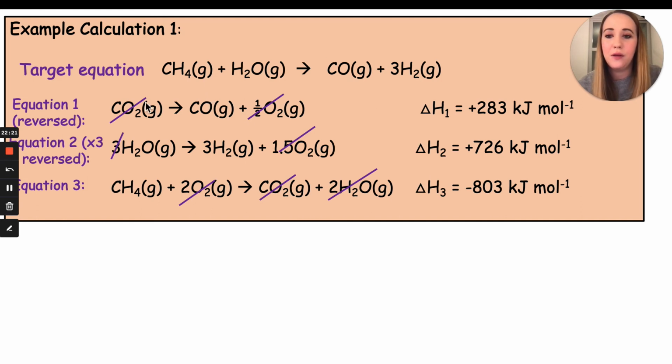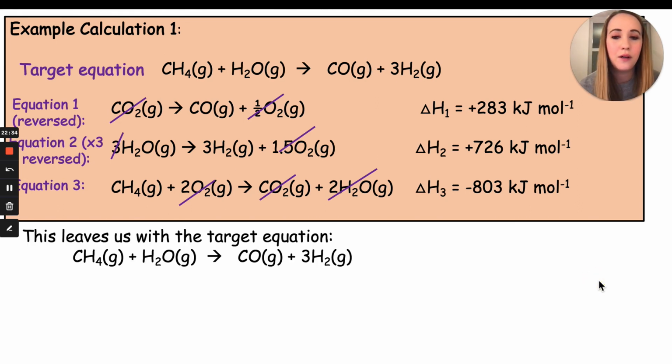So now we've got H2O on the left-hand side, we've got CH4 on the left-hand side, we've got CO on the right, and we've got 3H2 on the right. So what we now know, having checked everything cancels out, is that we've manipulated our equations correctly. We know that we're only left now with our target equation, all the chemicals we needed, the right numbers of moles on the correct side of the equation.